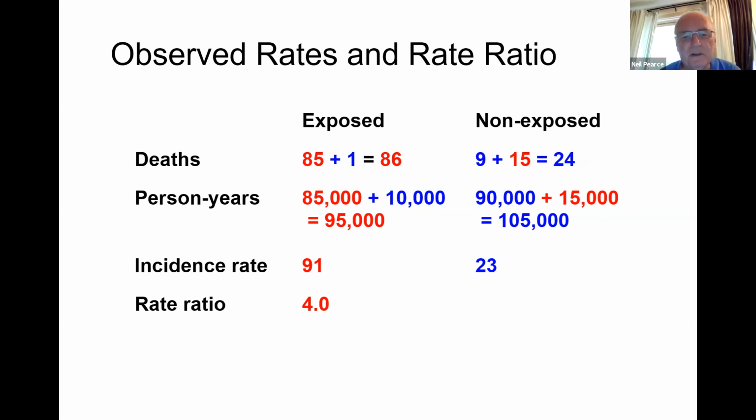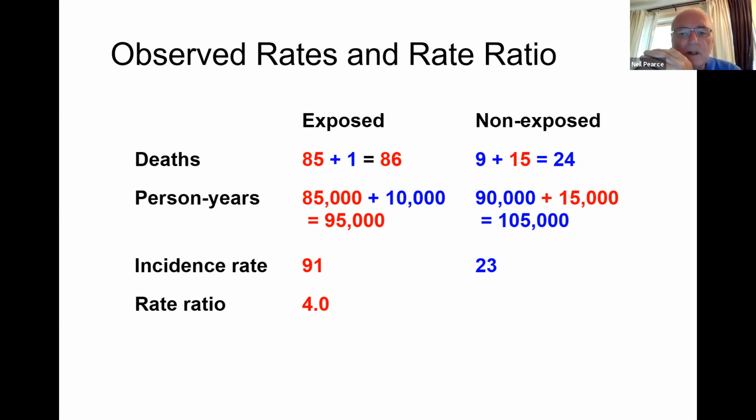So the deaths get misclassified at the same rate as the person years. And we've still got an elevated risk. If we see an odds ratio of 4, we know the right answer must be greater than 4. Because any misclassification would produce a bias towards the null, and therefore the real answer must be further away from the null. So it must be greater than 4.